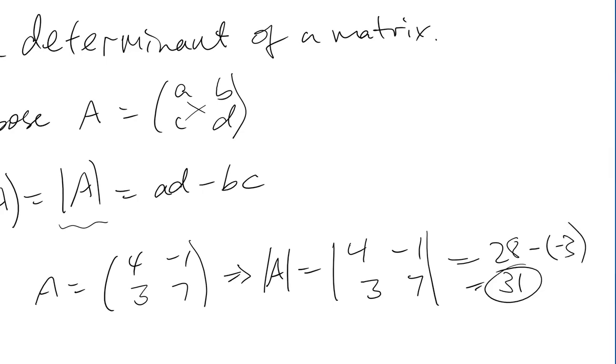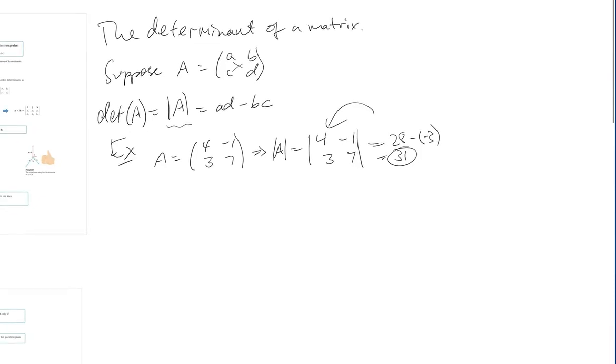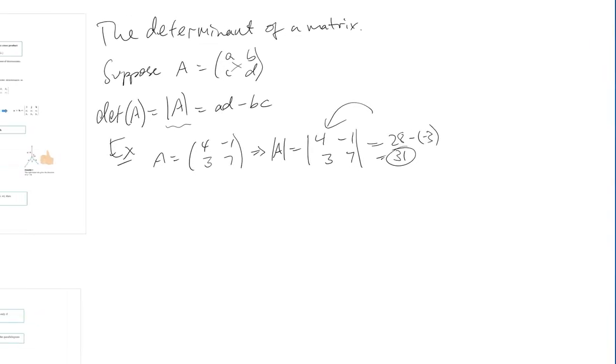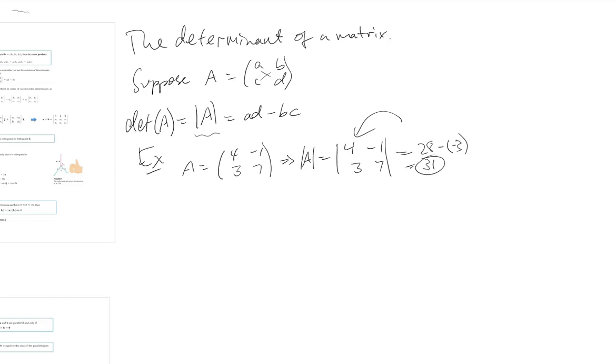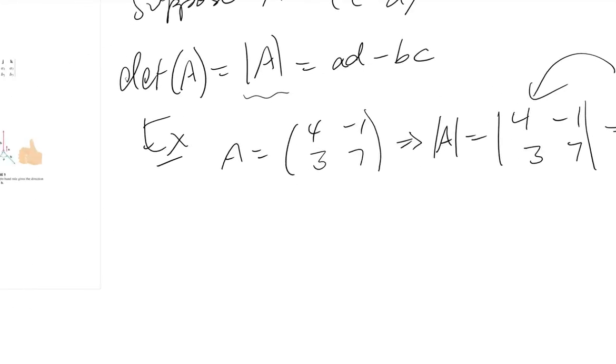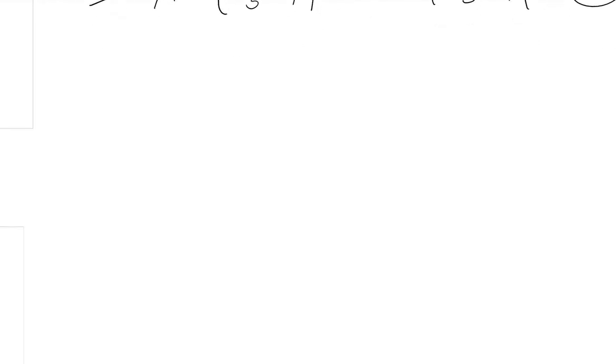Okay, so that's the determinant of this matrix right there. That's all well and good, but what happens if you have a 3x3 matrix? Let's see what happens with that. This is going to be a little more complicated, actually.